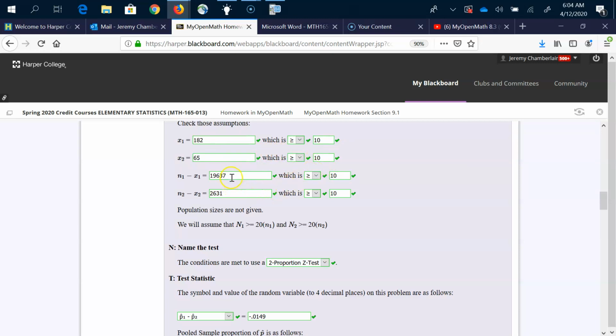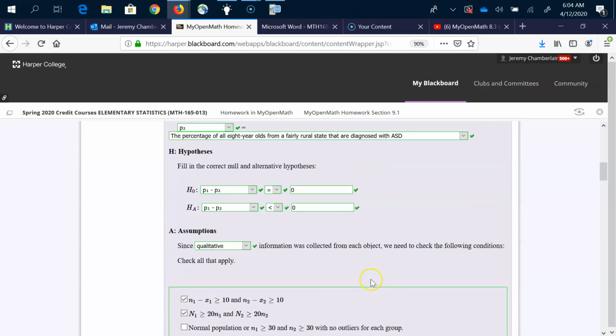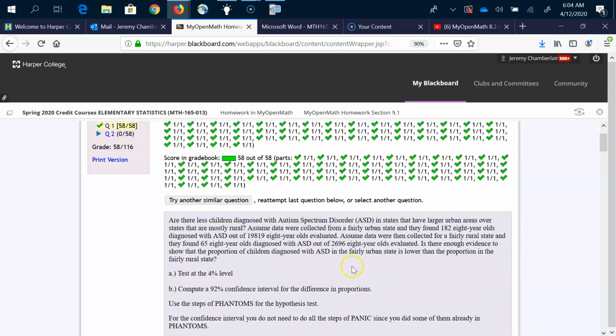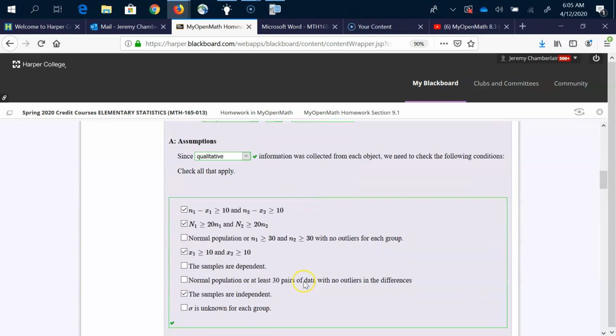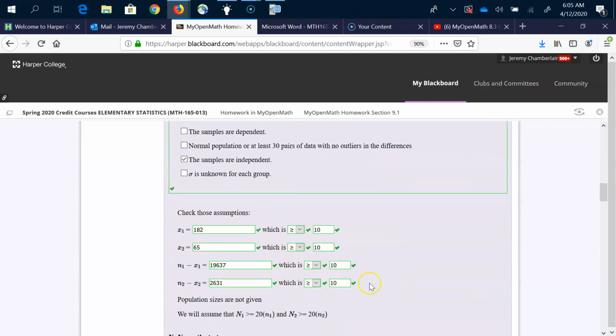How did I get the number of failures? I took the sample size minus the number of successes. In the above paragraph we had 19,819 in the first sample, and I subtracted 182 from it and I got 19,637.